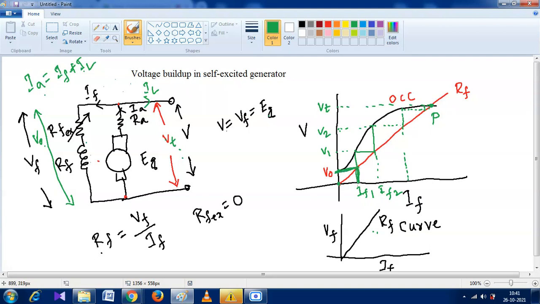From the curve we get IF1. Good. Due to IF1, there should be some flux created on the field coil. If IF1 current flows through the field coil, flux should be generated.